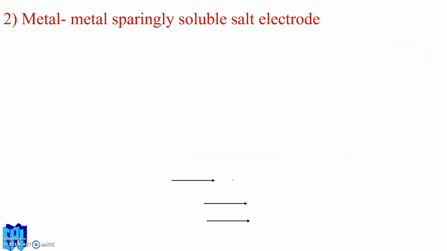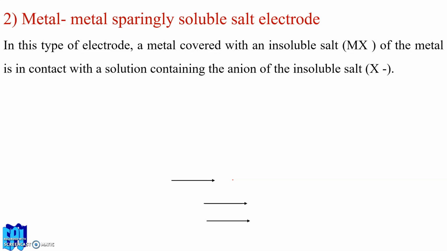The second type of electrode is the metal sparingly soluble salt electrode. Let us first discuss how it is constructed. In this type of electrode, a metal is covered with an insoluble salt MX of the metal, and is in contact with a solution containing the anion of the insoluble salt.